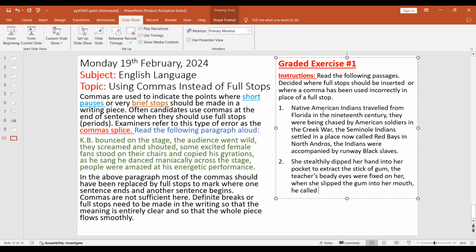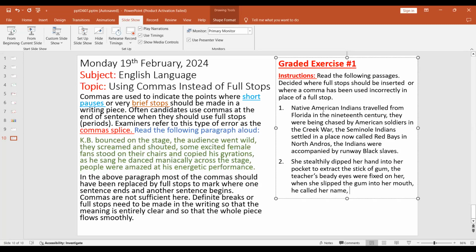He called her name. So we just add in a comma first up, like the conjunction. At some points you would have to insert capital letters. Just make it such that the sentence or the paragraph makes sense. Now you have to decide where you have to use full stops, or where you have to insert the comma, or you have to remove the comma, right? Because some commas are not placed in the right place.